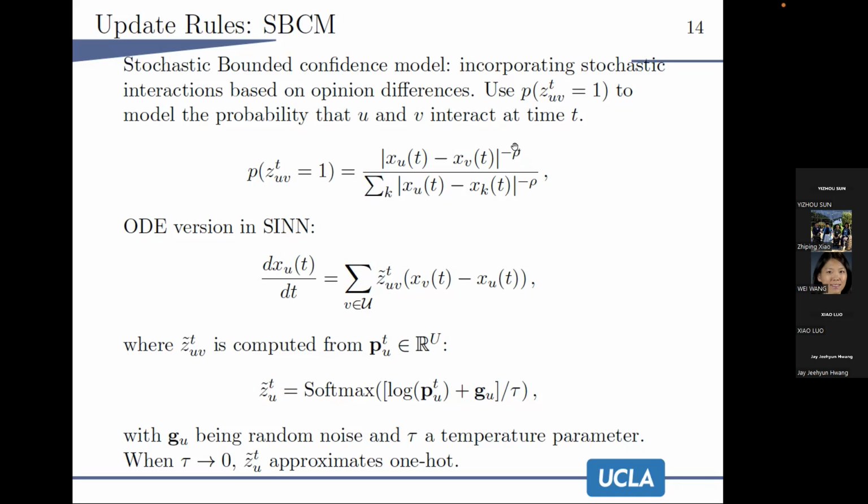I think it was that when rho is smaller than 0, the more similar users are interacting with each other, or the opposite. I'm kind of getting confused on this part on my own, but let's see, rho to the power of minus rho.